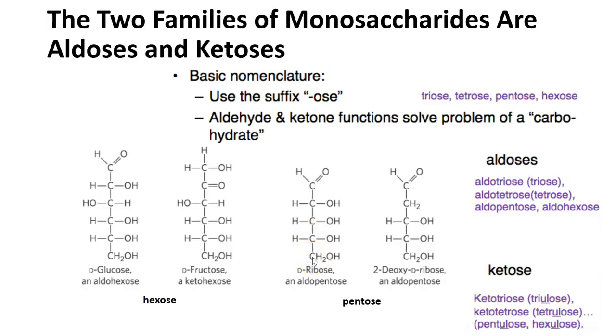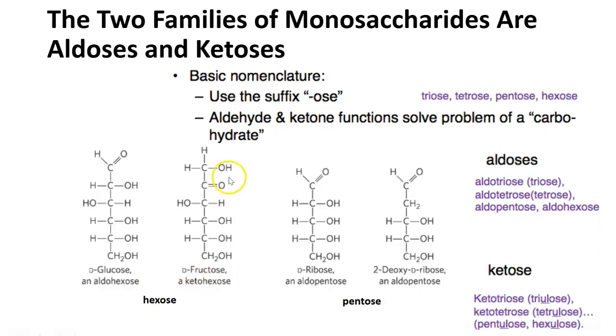And then right in front of the carbon chain name is the designation of whether you have an aldehyde or a ketone. When you have aldo in front, aldo signifies an aldehyde, which you see right here. So you have an aldo, and once again 6 carbons, and this is a carbohydrate which ends with -ose, and so that's how it has the family name aldohexose.